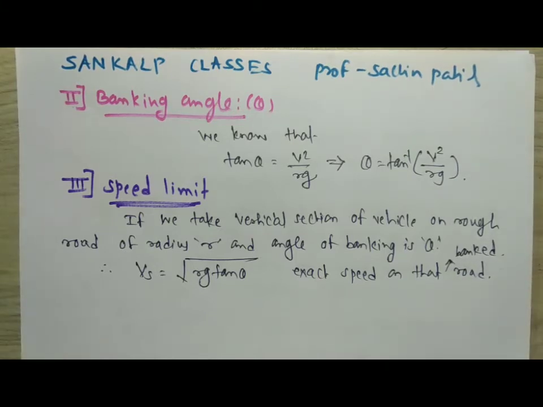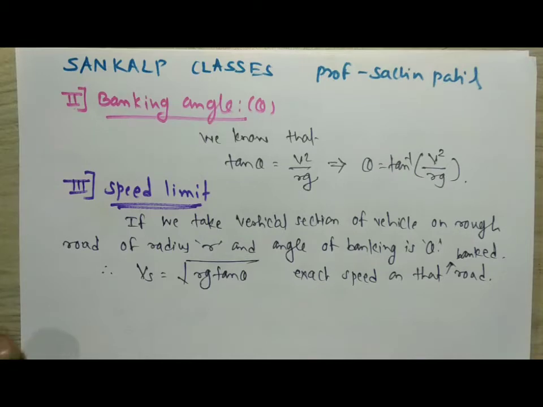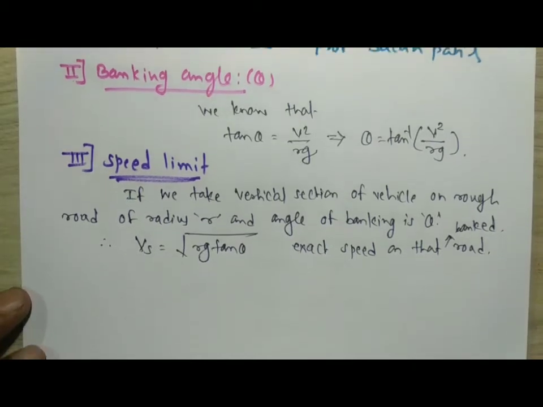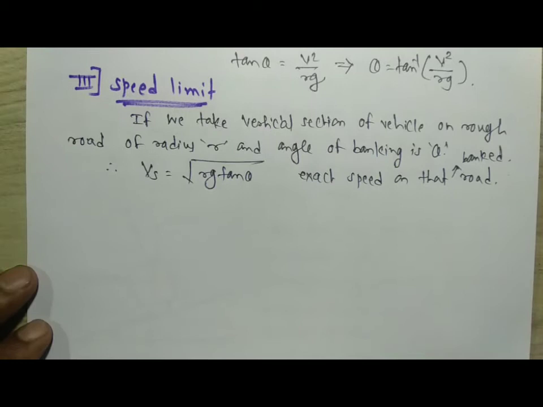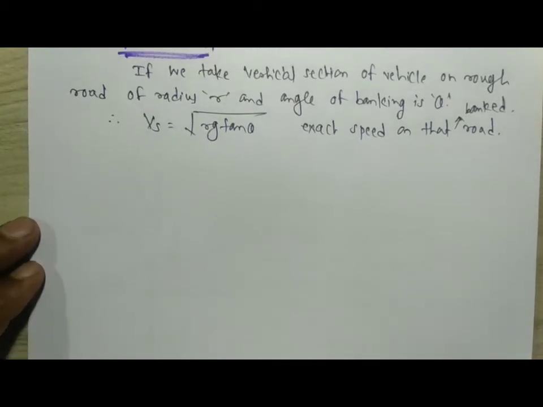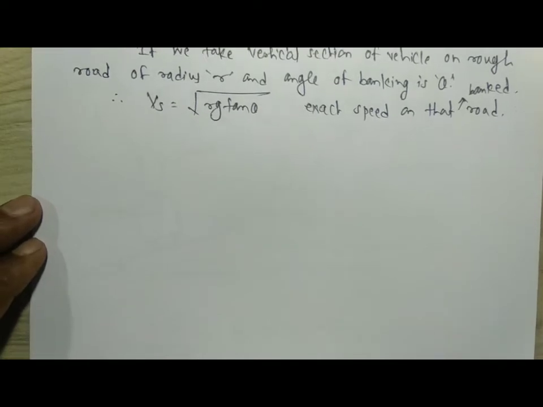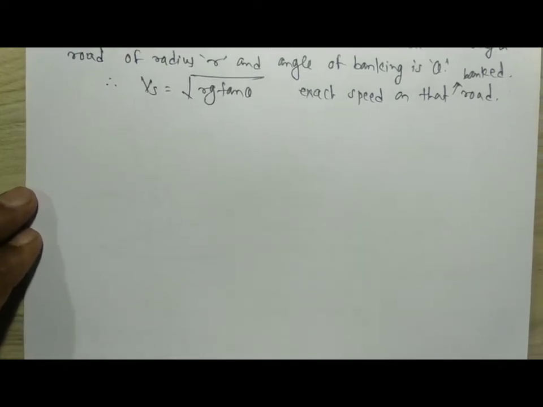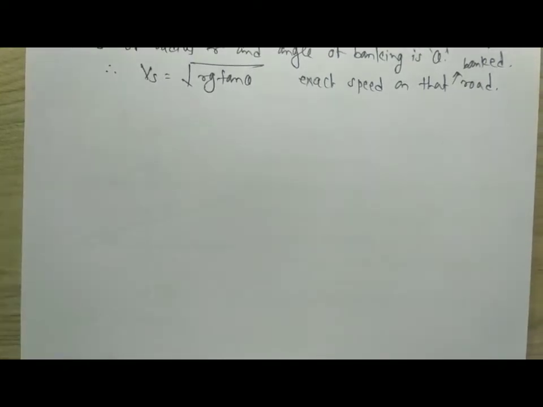But we know that no driver can go with those conditions, and this is the speed limit related to that particular road. At that time there will be a number of cases where vehicles skid out, which is not good for everyone.